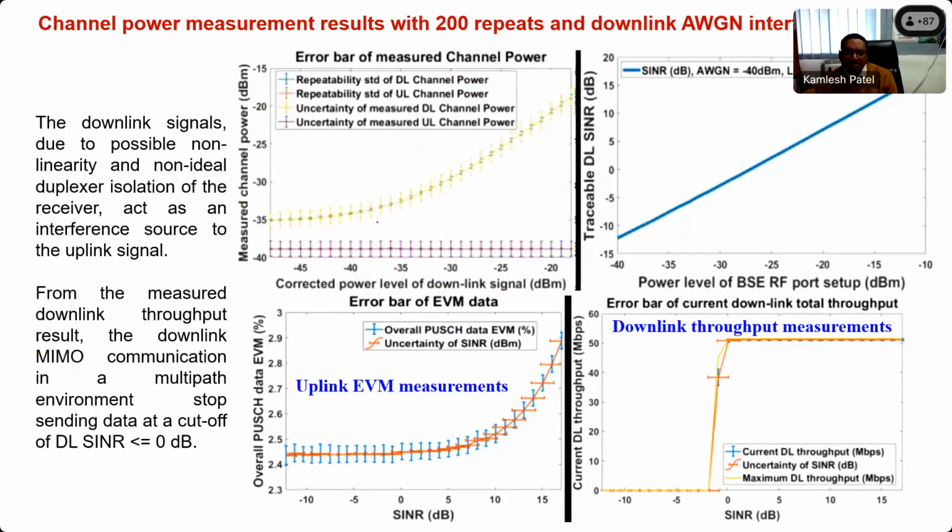On substituting, you can see there is no change in the uncertainty value while we change the corrected power level from, let's say, minus 45 dBm to minus 20 dBm. Even with that change of power, the bars all give the same values, but the uncertainty in the measured DL channel power is increased.